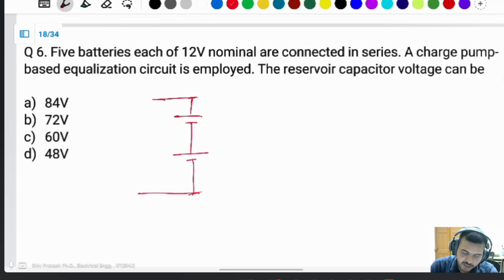Charge pump equalization means the inductor and capacitor are there. The switches are here and the inductor is connected to every battery.